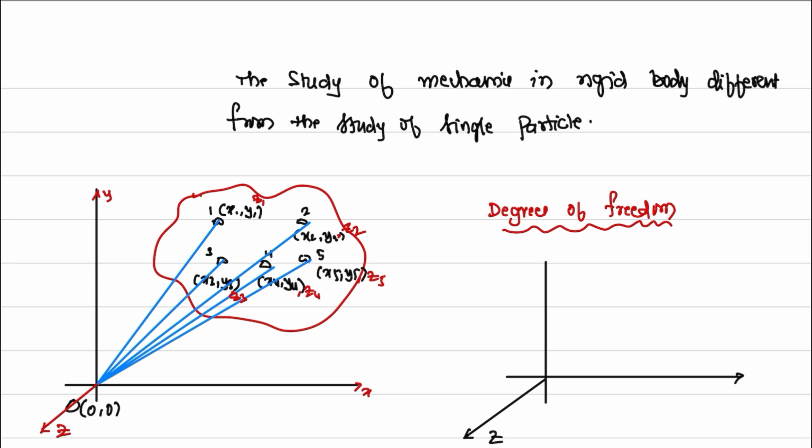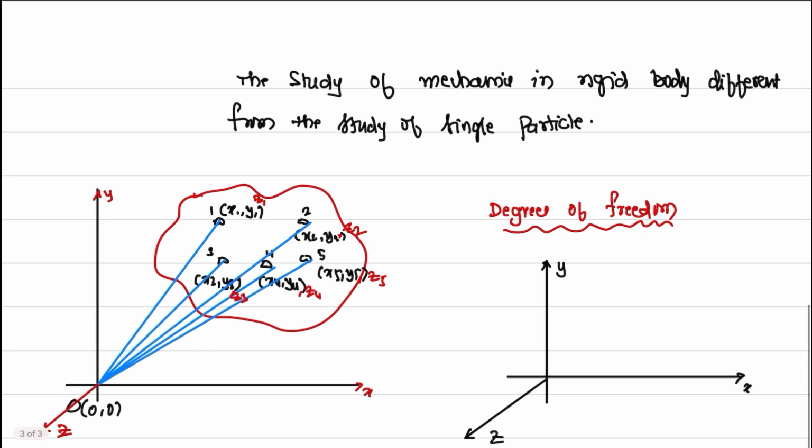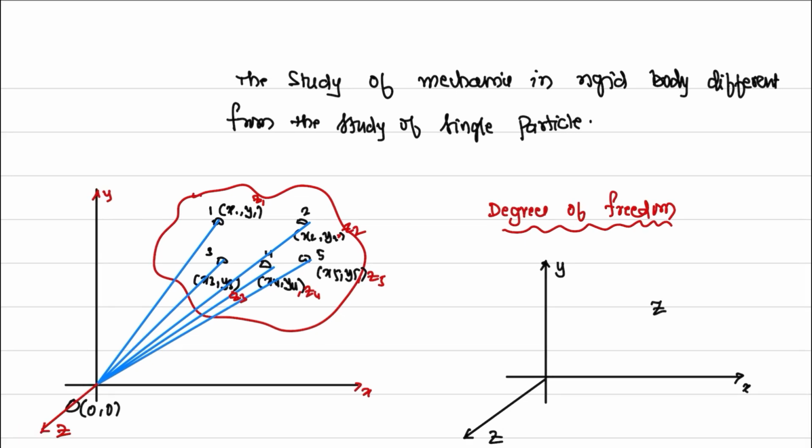This is z, this is x, this is y. For a particle, let me say some p, with coordinates x, y, z. This particle can choose anywhere. Space is there.